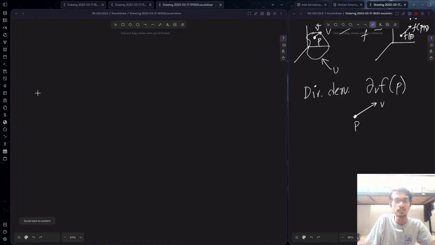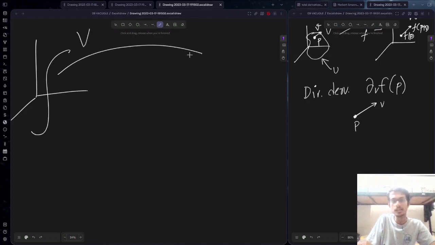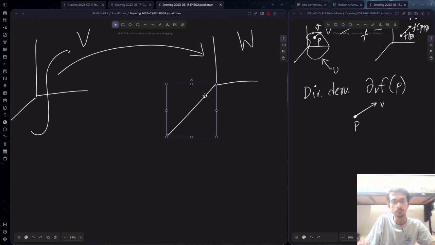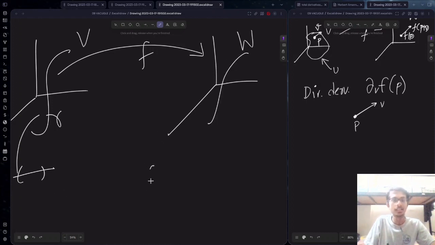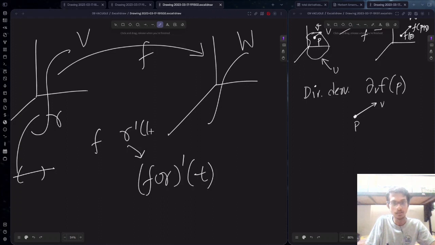So I will take a curve here in the domain vector space, and it will go to the other vector space, and I will compose that gamma, which is a curve here, and f composed with gamma will be a curve here, and f composed with gamma would be a derivative of the function f in the direction of gamma dash t at the point gamma.